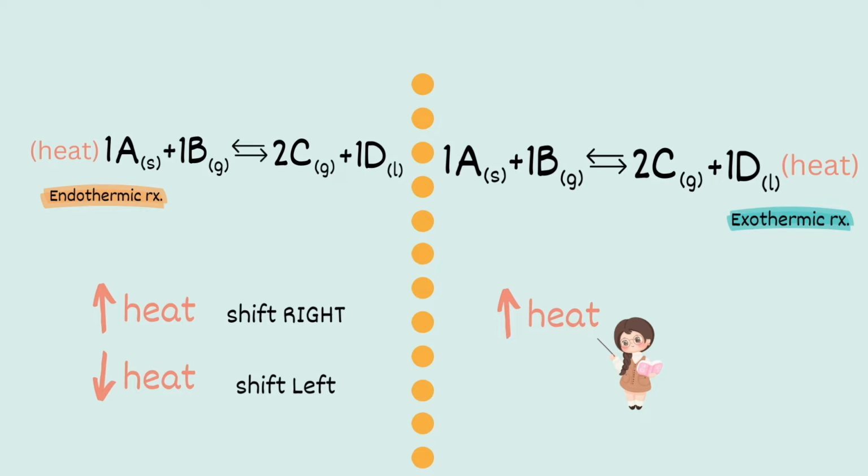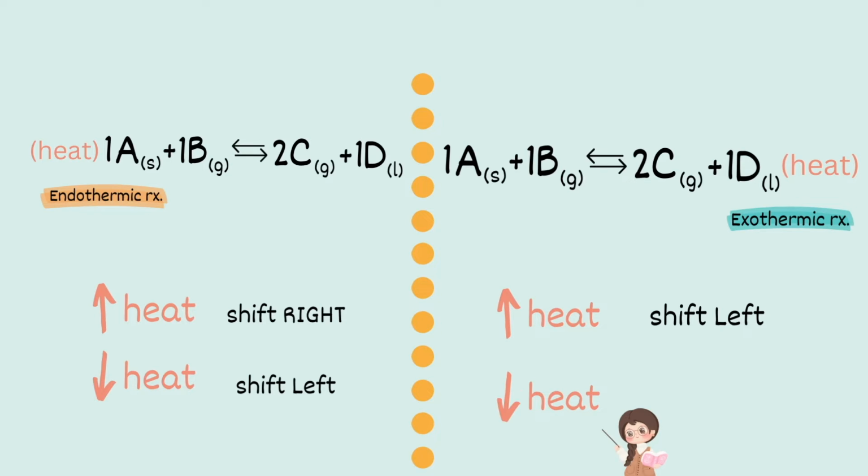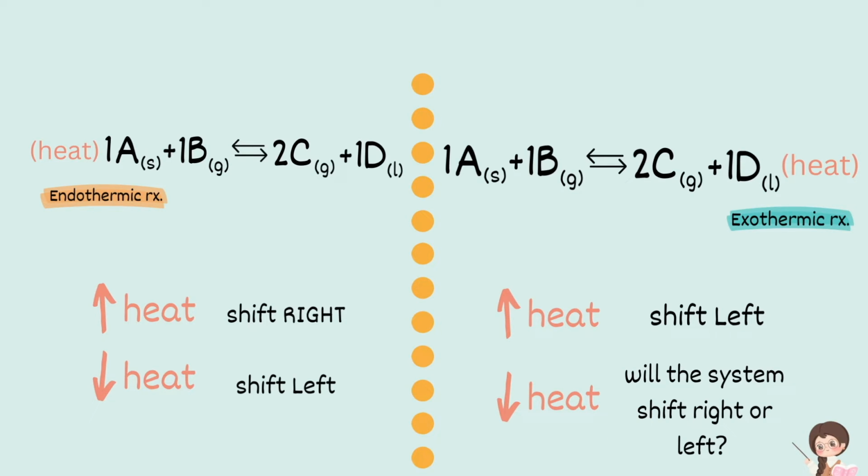If we increase the heat here, will the system shift to the right or to the left? It will shift to the left. And if we decrease the heat, which way will the system shift? It will shift to the right.